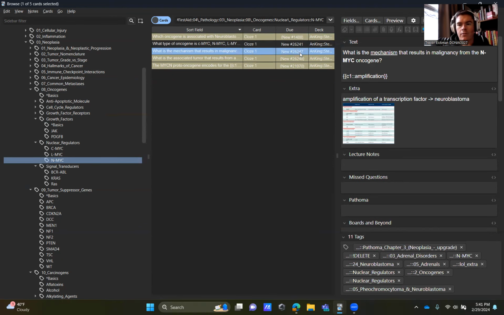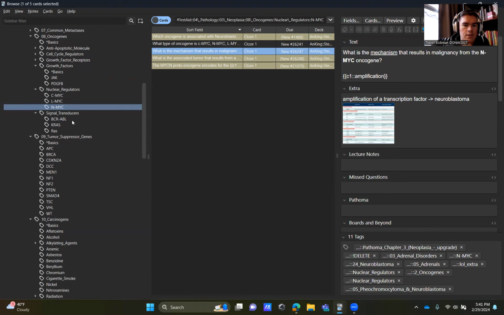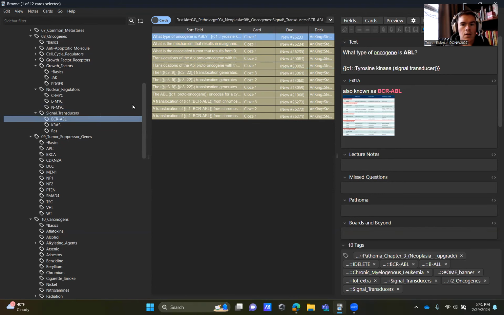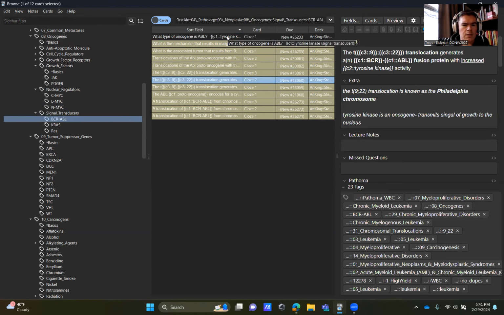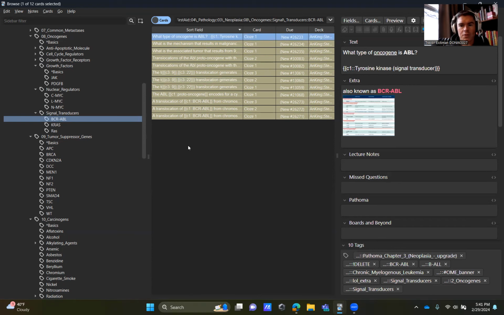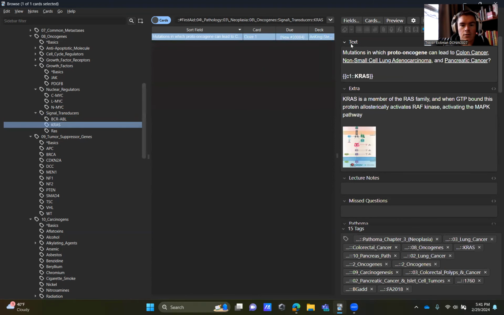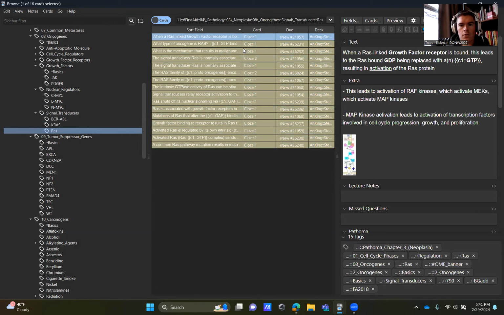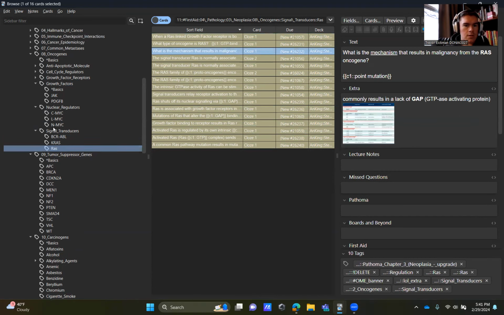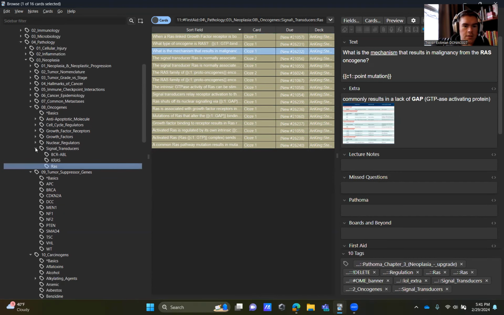But then grab the next one after that: the NMYC is oncogenic through amplification. And then in the signal transducers, in the BCR-ABL, I want to grab this first one. It's another tyrosine kinase. Don't worry about the CRAS or the RAS proteins. All right, that is it for this section.